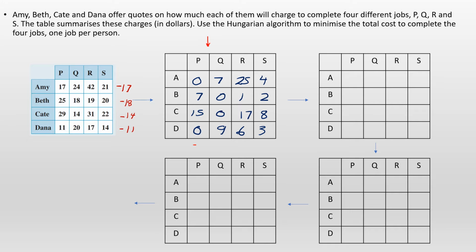So we're going to be subtracting 0 from each of those. Same thing with the second column, the smallest number is 0. In the third column, the smallest number is 1. And in the fourth column, the smallest number is 2. So now I'm going to fill in this second table, applying those changes. The first 2 columns are unchanged because we just subtracted 0.